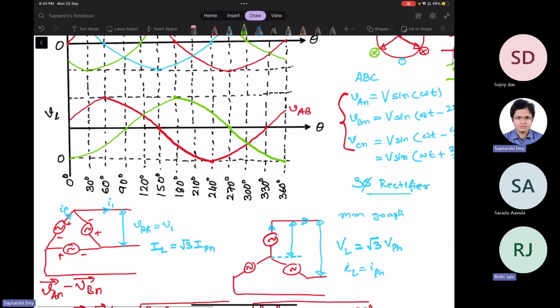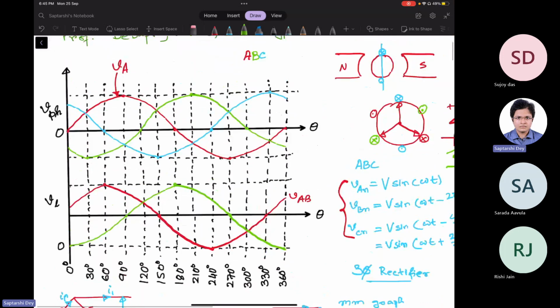This was audible. So what I said is VA we know, and we know that VAB leads VA by 30. So at our phase voltage curve, VA had its peak at 90 degree. So VAB will have its peak at 30 degree before, 60 degree.